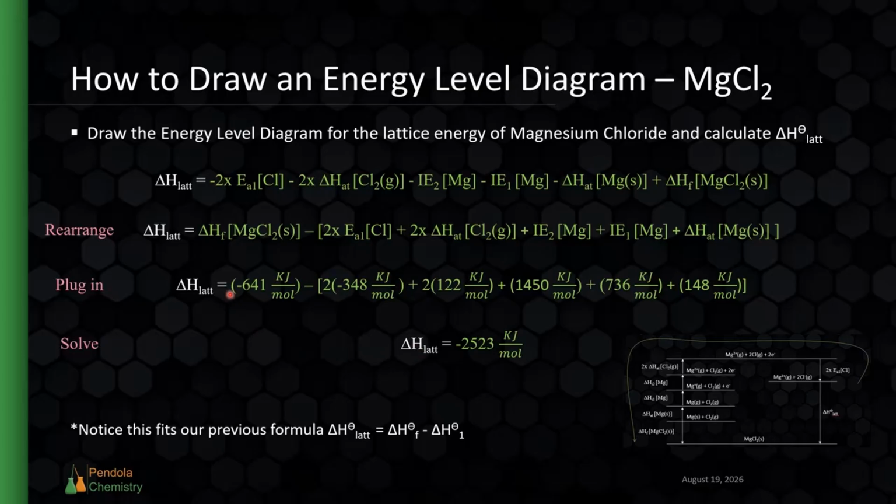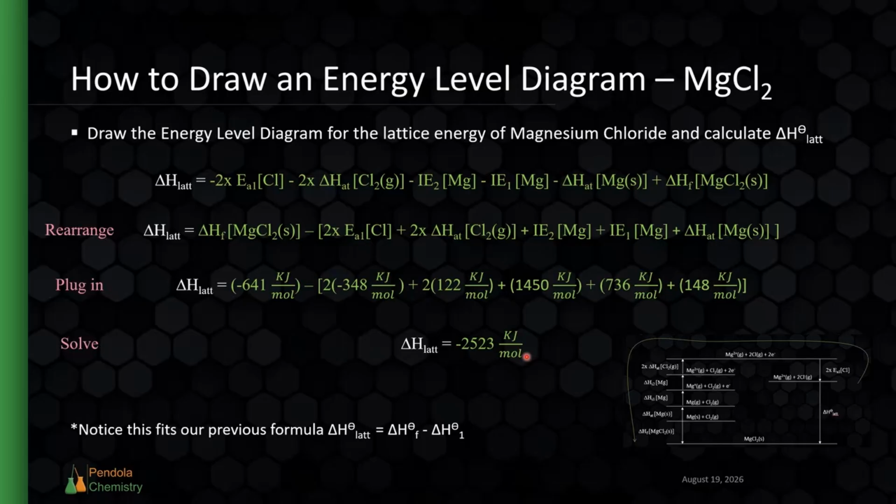And then you just do the math. You do the math, plug it in, and you end up with delta H lat is equal to negative 2,523 kilojoules per mole. Now you might be looking at me and saying, wow, that's a lot of work for one equation that I can just memorize.